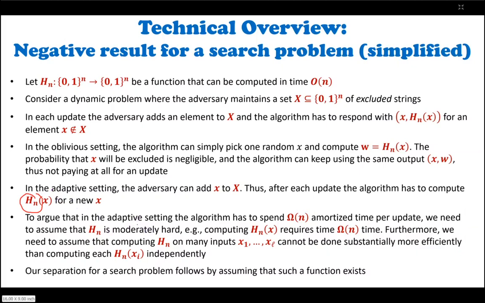Specifically, we already said that we need h to be computable in linear time, but we also need it to be what we call moderately hard, meaning that if you want to compute it, you must spend some noticeable amount of time. And furthermore, if you want to compute the hash function over several different inputs, then that's going to cost you as much time as computing it individually on each of them separately.